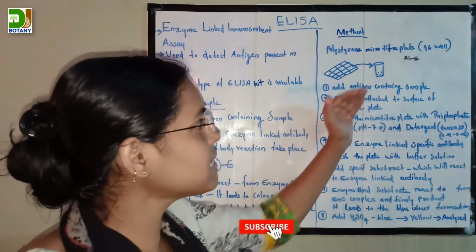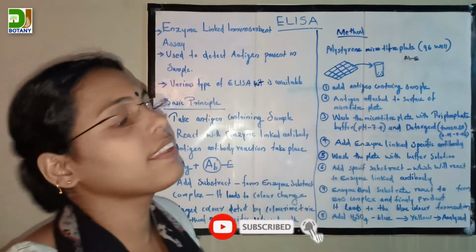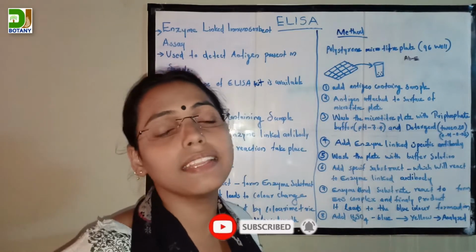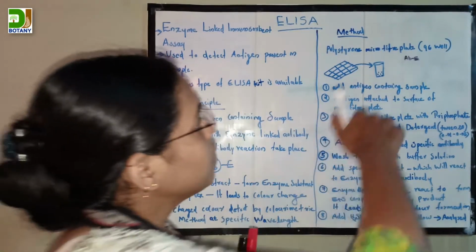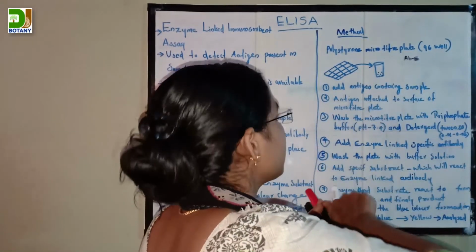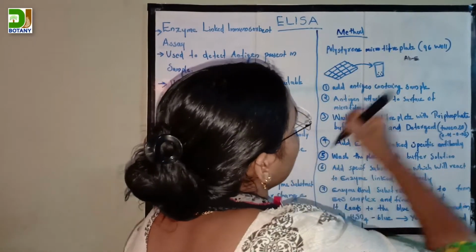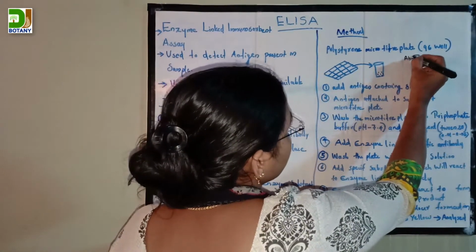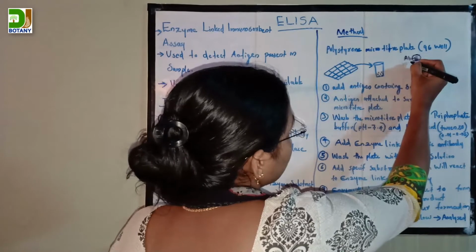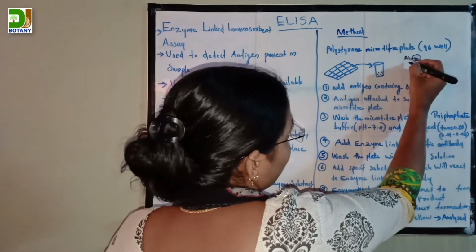To these antigens we add an enzyme-linked antibody. This black color represents an enzyme-linked antibody. We represent the antibody as a Y shape.